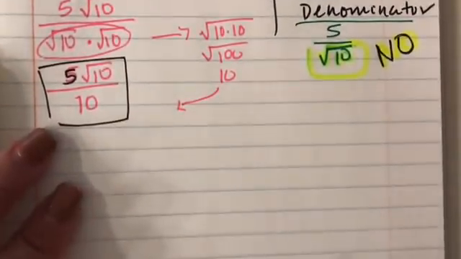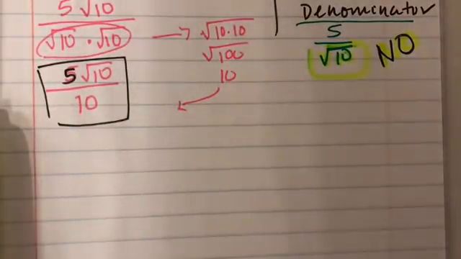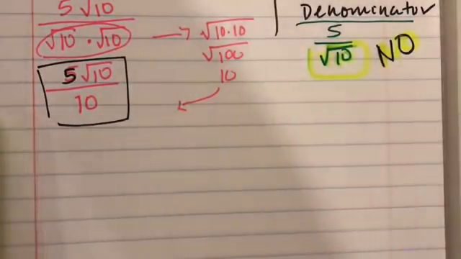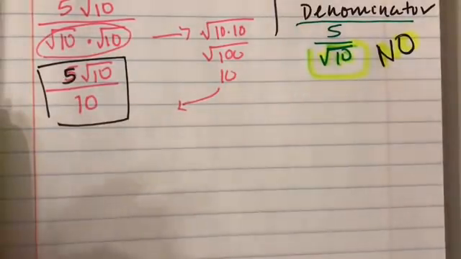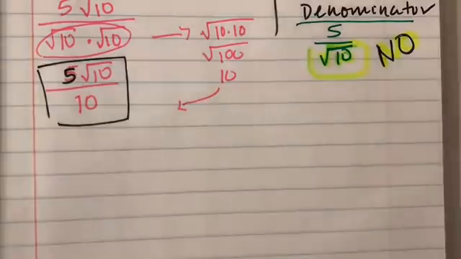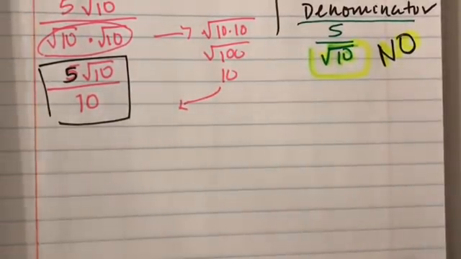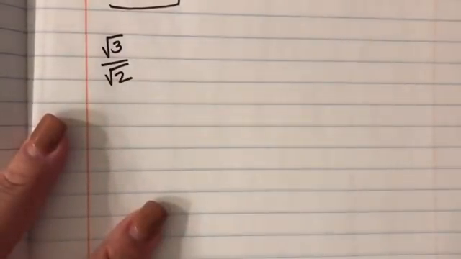Okay. Here's another example. We also have it where we have an entire term underneath the square root. Let's pretend we had radical 3 over radical 2. The only radical that we need to get rid of is the radical 2.